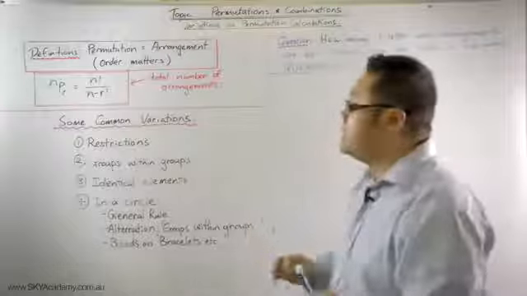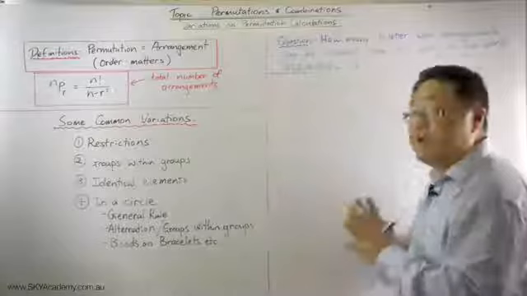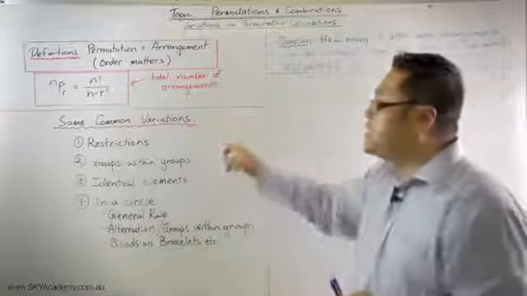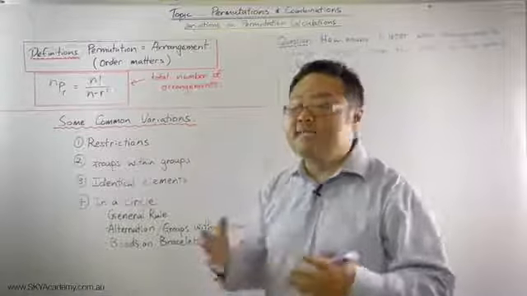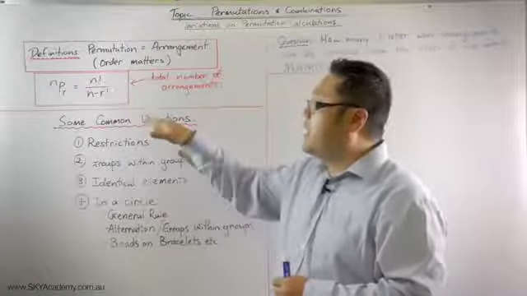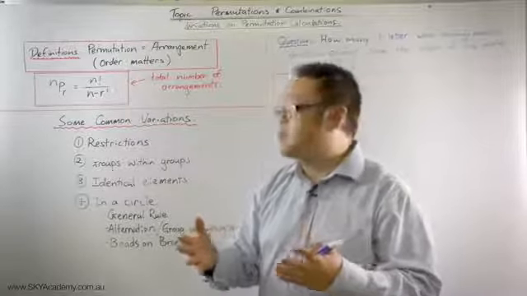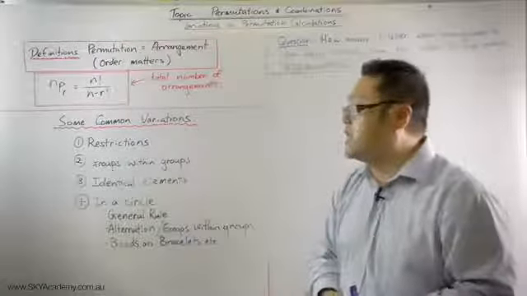And what we realized is that while that is the general formula, there are some common variations that we need to consider that actually make using this formula not as simple as we might first think. We might have to modify the way we use that formula.